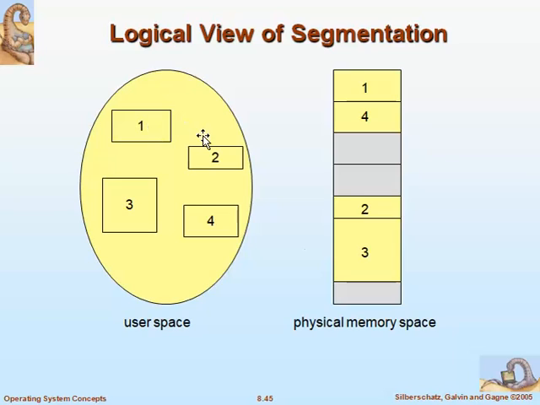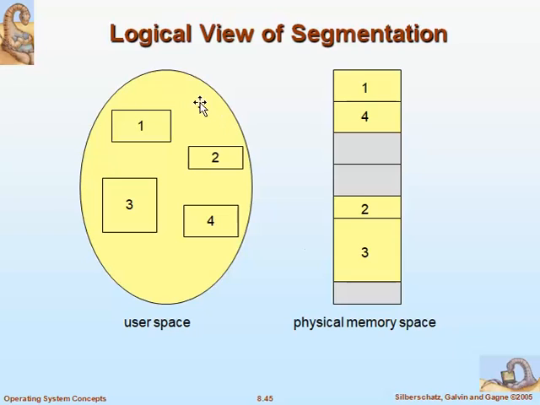In the user space we have different segments, 1, 2, 3, 4. These segments can be anything, like whatever the list I showed: main program, procedures, functions, objects, local variables, stacks, global variables.